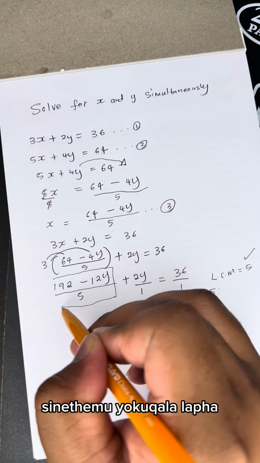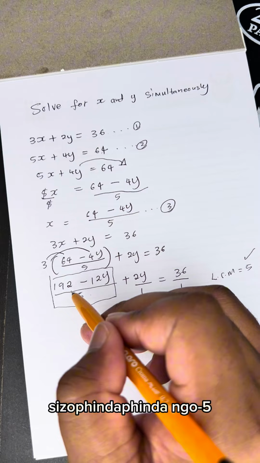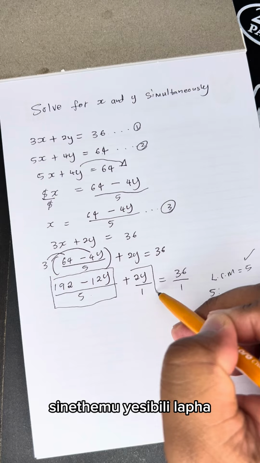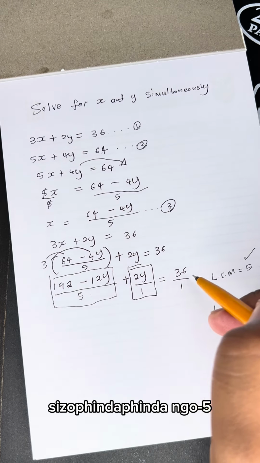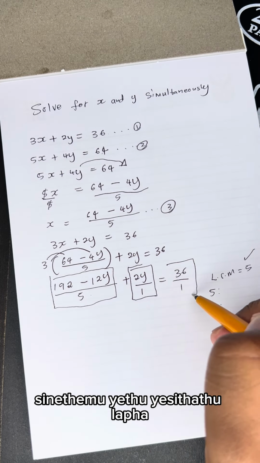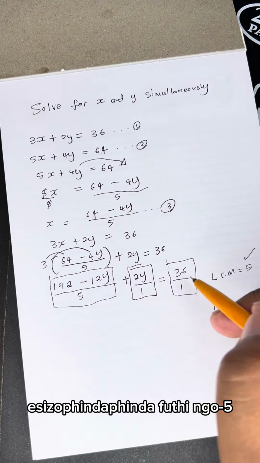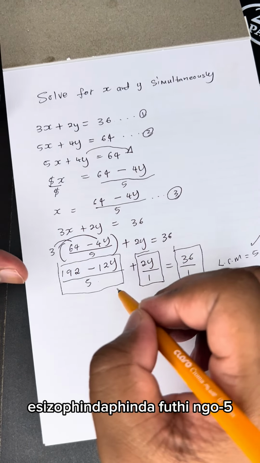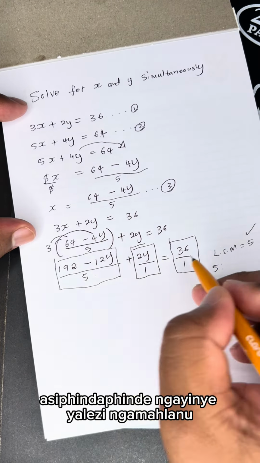We have the first term here. We are going to multiply it by 5. We have the second term here. We are going to multiply it by 5. We have our third term here, which we are also going to multiply by 5. Let's multiply each of these by 5.